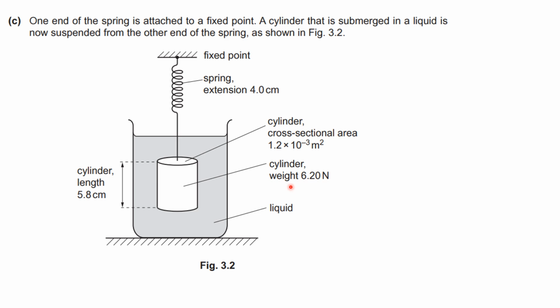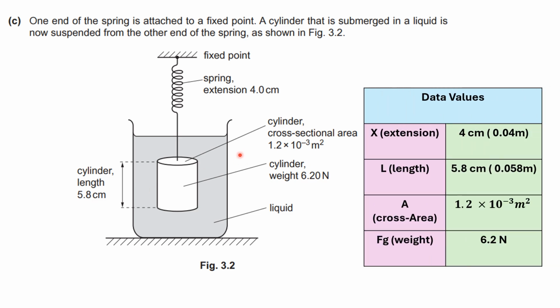The cylinder weight is 6.2 newtons. There is a liquid around the cylinder, and the cylinder length is 5.8 centimeters. To summarize all this information, I have here a table with the extension, the length, the cross-sectional area, and the weight of the cylinder.